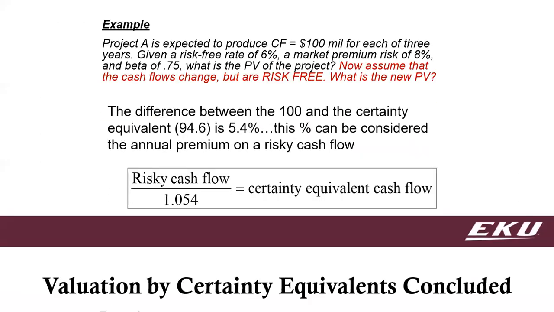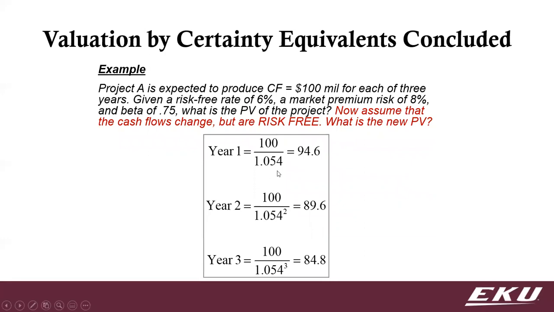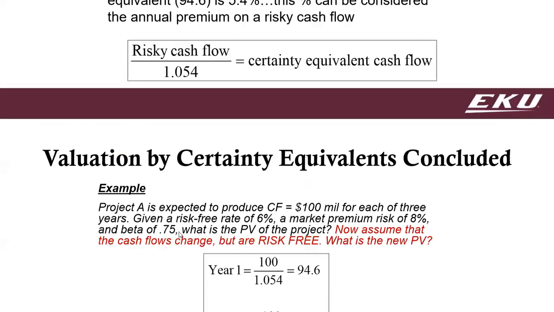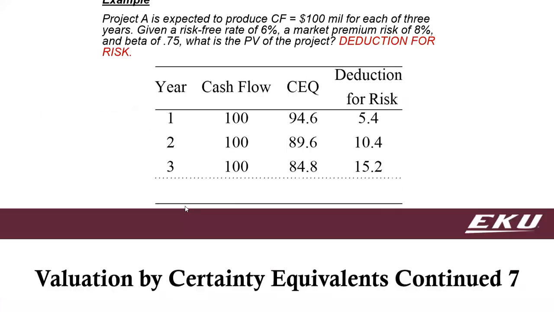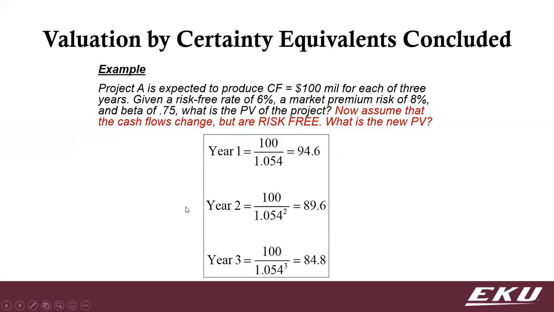So here's our last step. I take each of those cash flows, 100, 100, 100, and discount them back. And look at that: 94.6, 89.6, 84.8. Same ones we had before. So again, we're always going to end up at the same place. It's just how it's constructed.